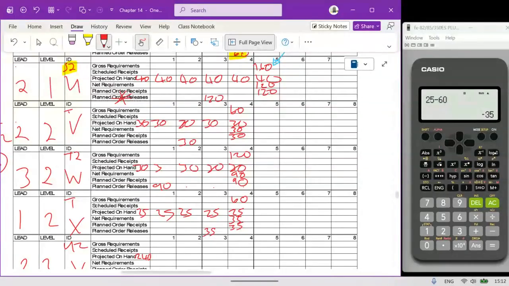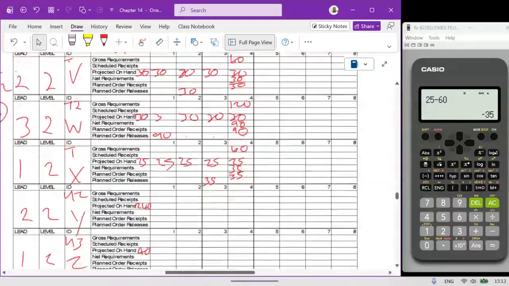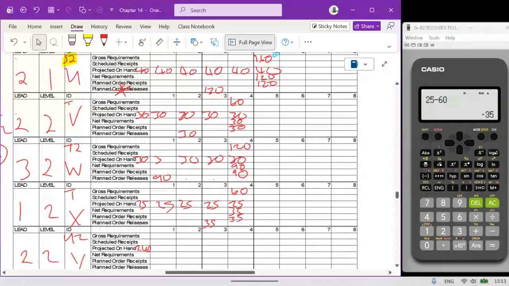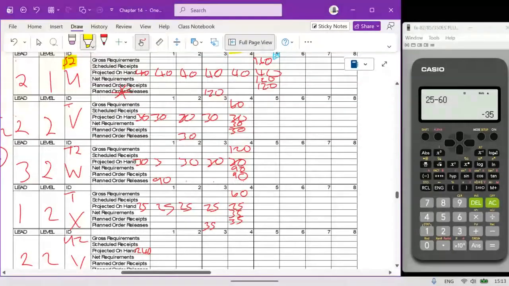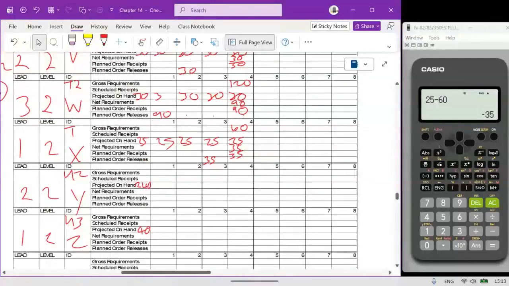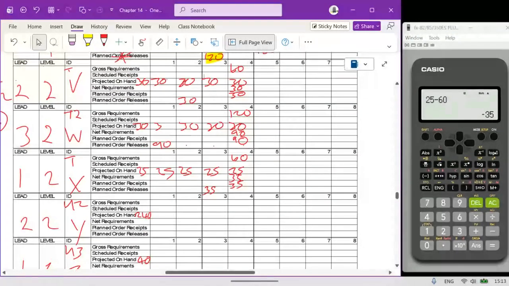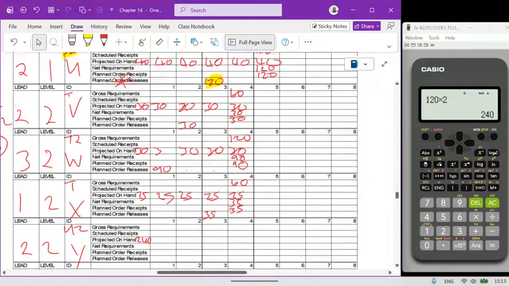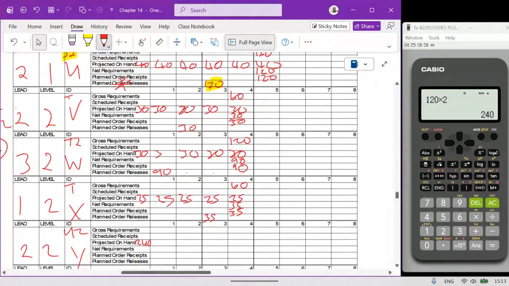Right. Then we have the Y, which feeds directly from U, the 120. And then it's times 2 of that. 120 times 2 is 240, right? It's here.